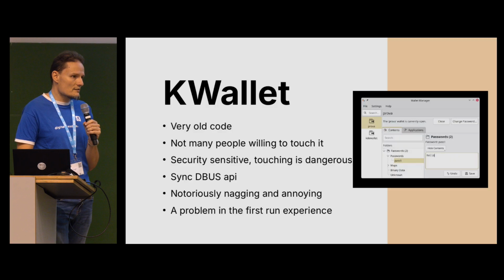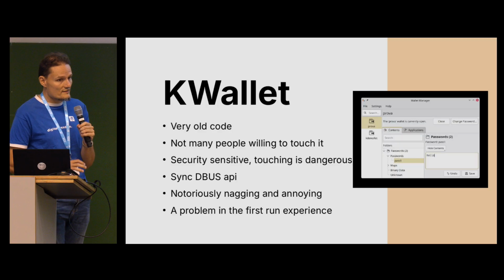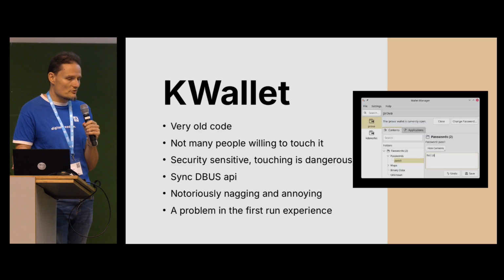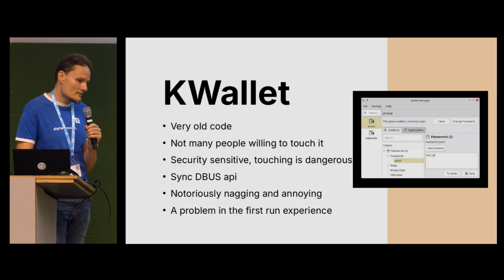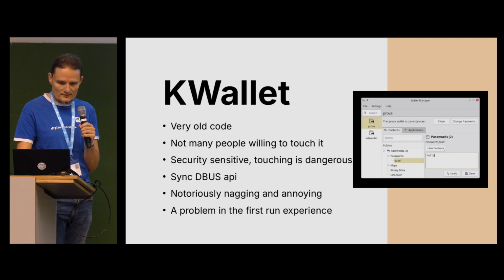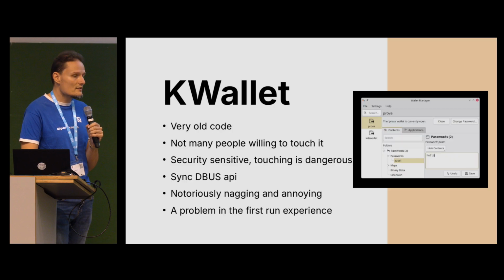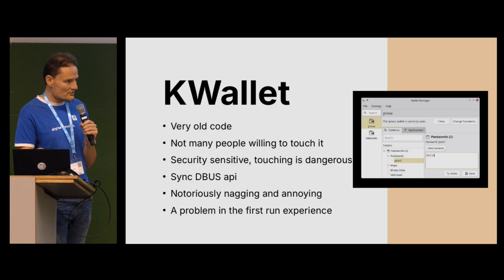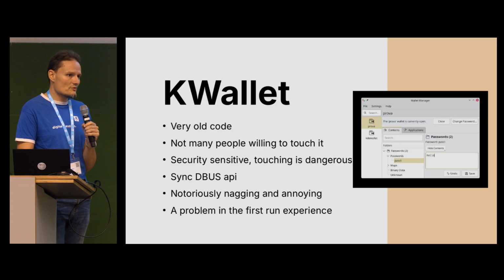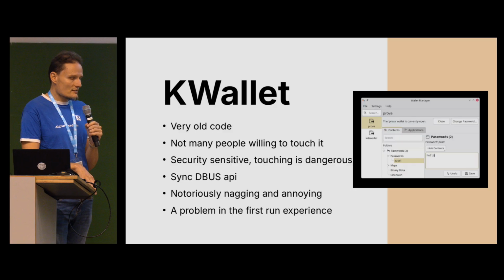The good thing for decent future interoperability is that both K-Wallet and KPassXC can speak the Secret Service D-Bus API. That's basically what I leverage to make KPassXC, GNOME Keyring or anything else usable with the old crusty K-Wallet API.